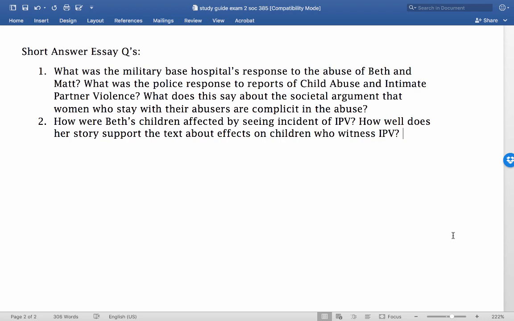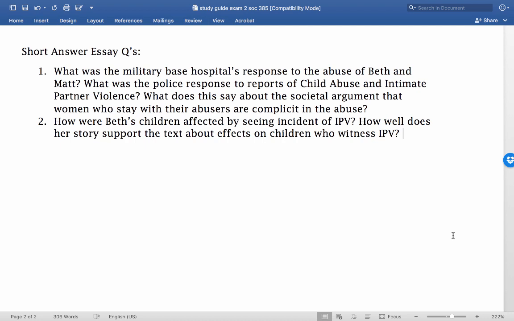And then what does this say about the societal argument that women who stay with their abusers are complicit in abuse? Just basically showing that even though we tend to think of people in that frame of being complicit, she went to the hospital, and if it wasn't taken as seriously as it should be, especially the abuse towards your child, and if the police didn't take the report seriously, then how much agency does she feel she has, or how likely does she feel that her issues will be addressed, right?